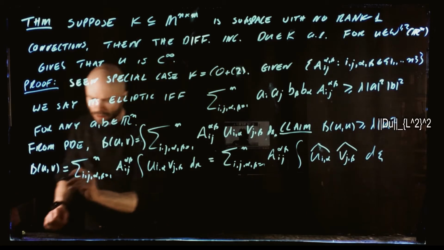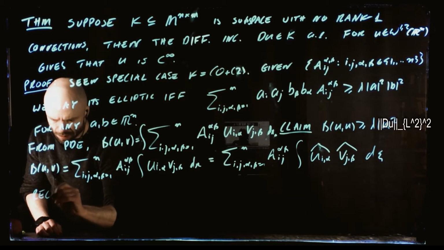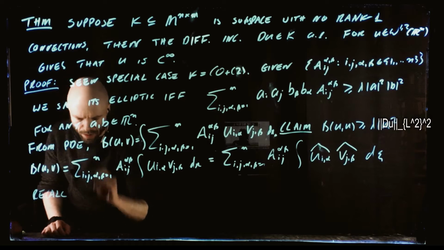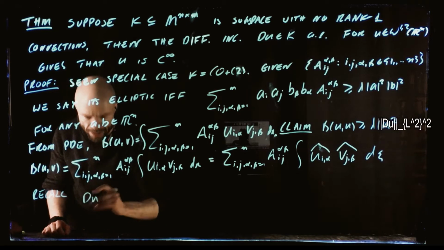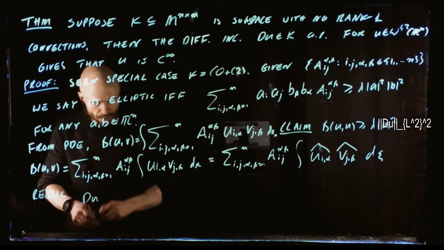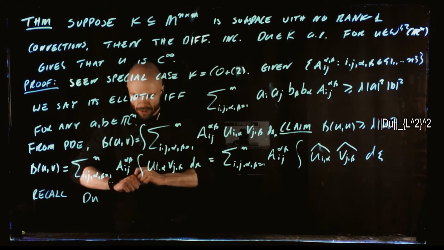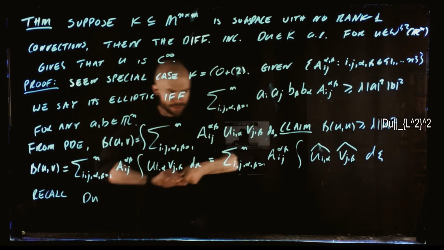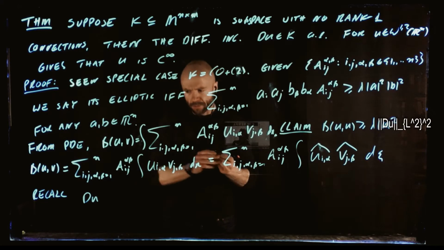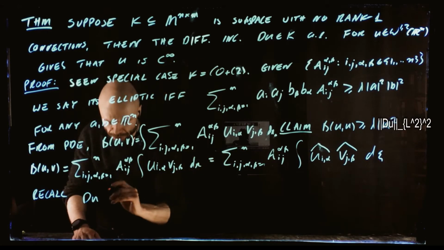Yeah? And recall, this is back when we talked about the background for Korn's inequality, we went through this stuff: what happens when you take the Fourier transform of a vector valued function.